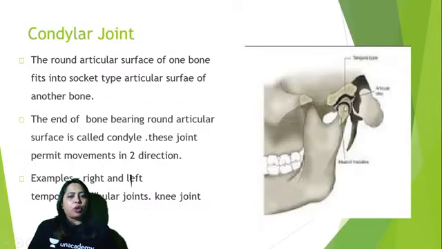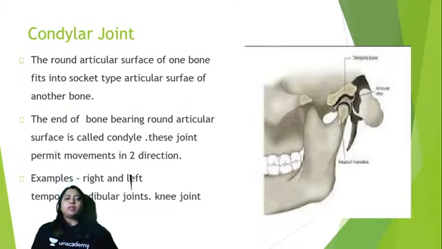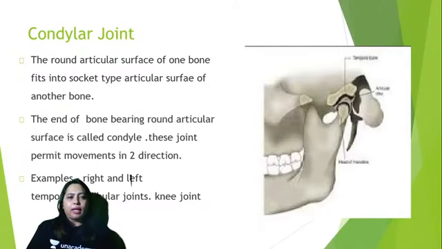This joint is an example for condylar joint. So the TM joint, temporomandibular joint, is an example for condylar joint, and so is the knee joint. The knee joint also comes under the condylar type of joint. They permit movement in two directions. So that's why this is the condylar type of joint.